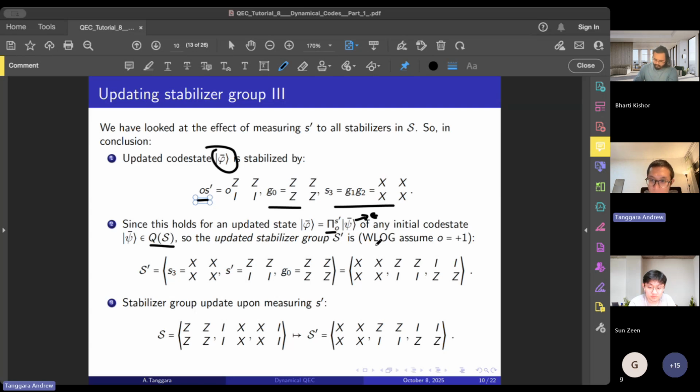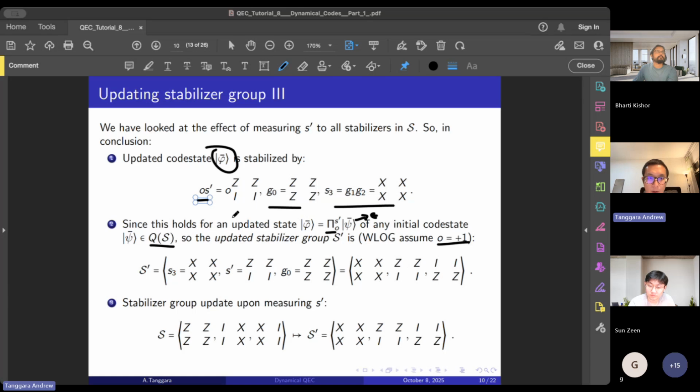So I'm just gonna assume that we get a +1 outcome, right? Because it's random, so it doesn't really matter. If it's minus, I just need to adjust accordingly on this O factor. But the upshot here is that now I have this new stabilizer group S prime, right?